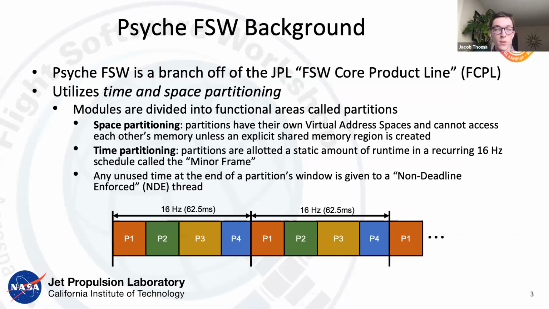But then there's also something called a non-deadline enforced thread that gets to use any of the leftover time in a partition window. And so PITH actually runs exclusively on these non-deadline enforced threads that use up the extra time in the static schedule. Next slide.